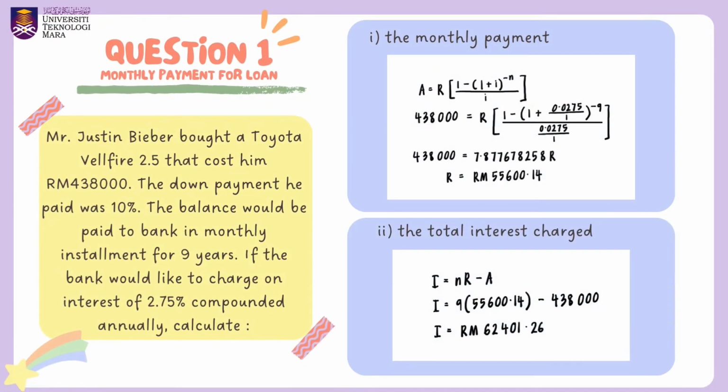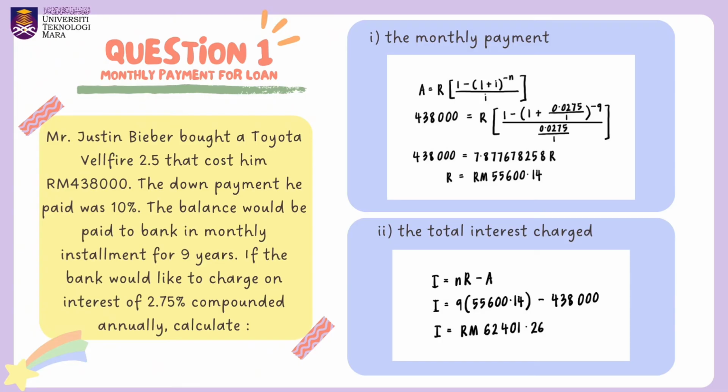For the monthly payment, we will be using the formula A equals to R times [1 minus (1 plus i) power of negative n] over i. 438,000 will equals to R times [1 minus (1 plus 0.0275 over 1) power of negative 9] over 0.0275 over 1. 438,000 will equals to 7.877678258 R. R will then equals to RM55,640 cents.